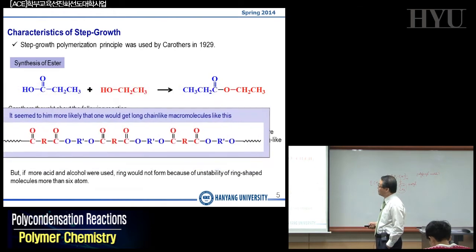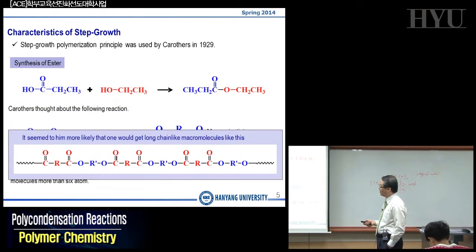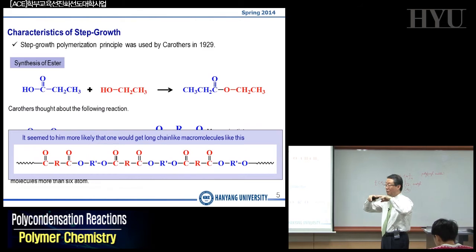However, he thought that maybe if you add two bifunctional monomers together, it could be a viscous solution rather than just small low molecular weight components, and you form multifunctional polyesters instead of just a simple ester.